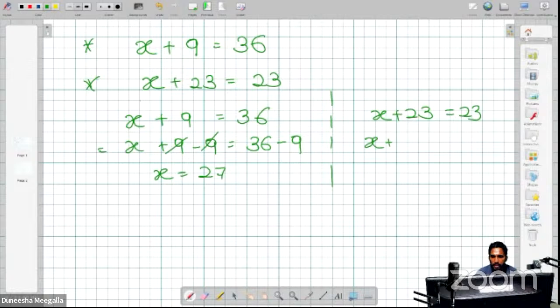Then x plus 23 minus 23 equal to 23 minus 23. Now x is equal to 0. If you finished getting answers, raise hand.